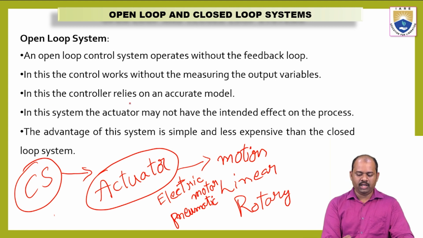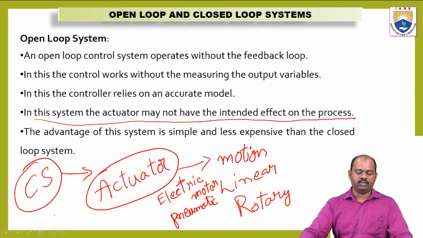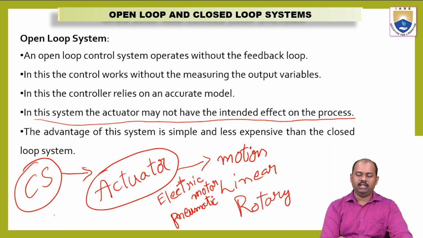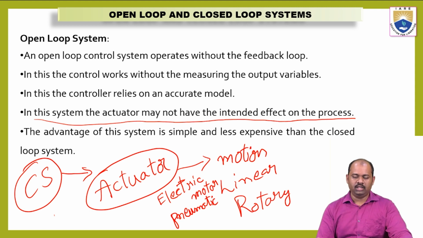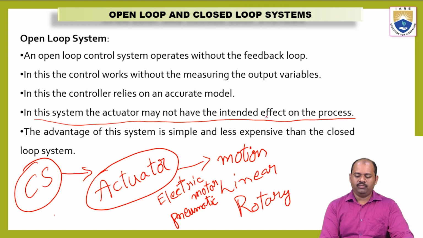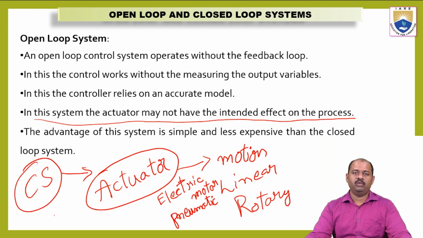Now, in the open system, the actuator may not have the intended effect on the process. In an open loop system, the actuator will not have the intended effect. That means, if I have an actuator in the process, it has to move the object from point A to point B. Now, this actuator will not have the required effect on the process because there is no feedback system.